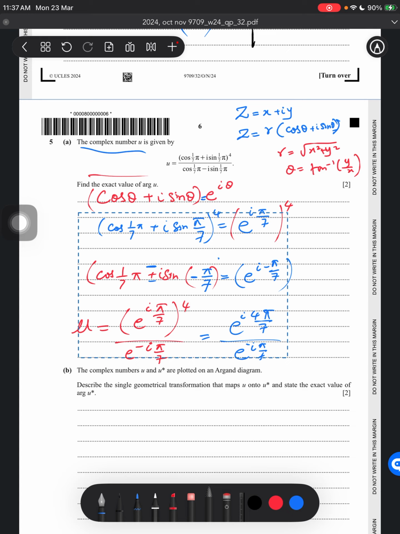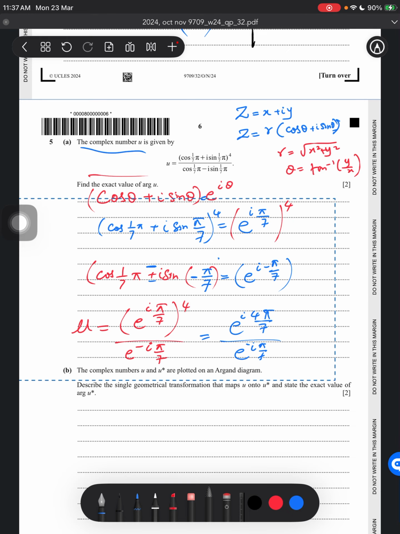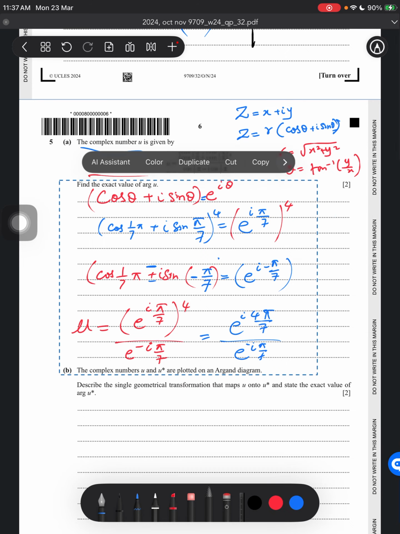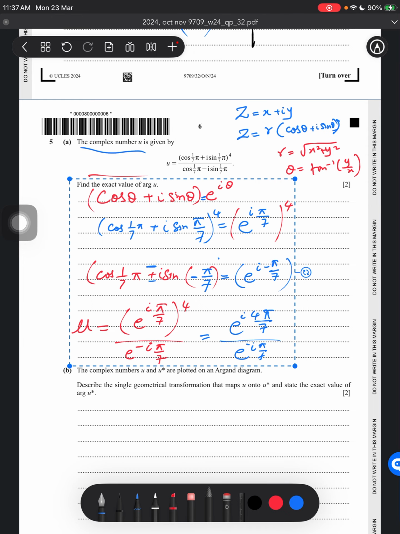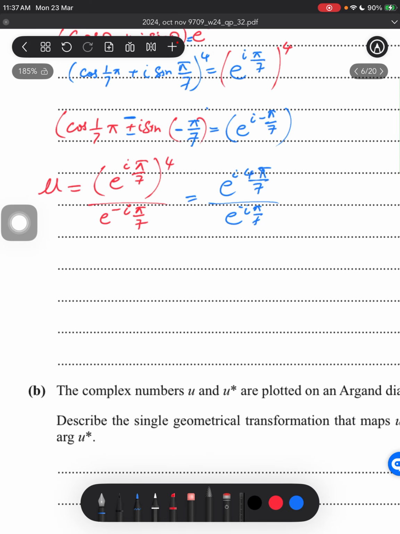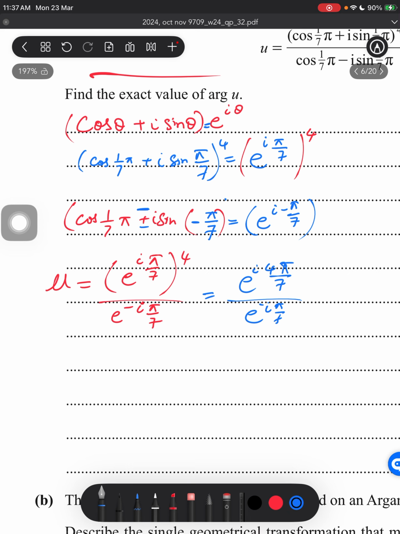So if I write u, it would be equal to e to the iota 4 pi by 7, and this negative in the denominator turns out to be positive iota pi by 7.